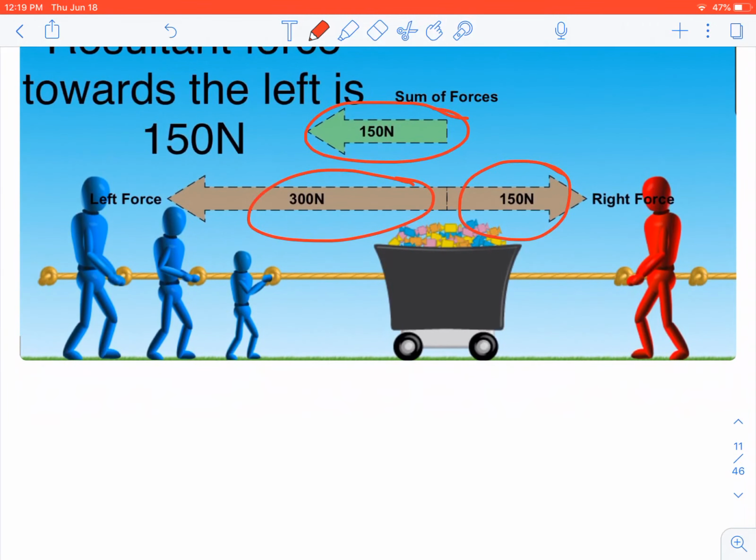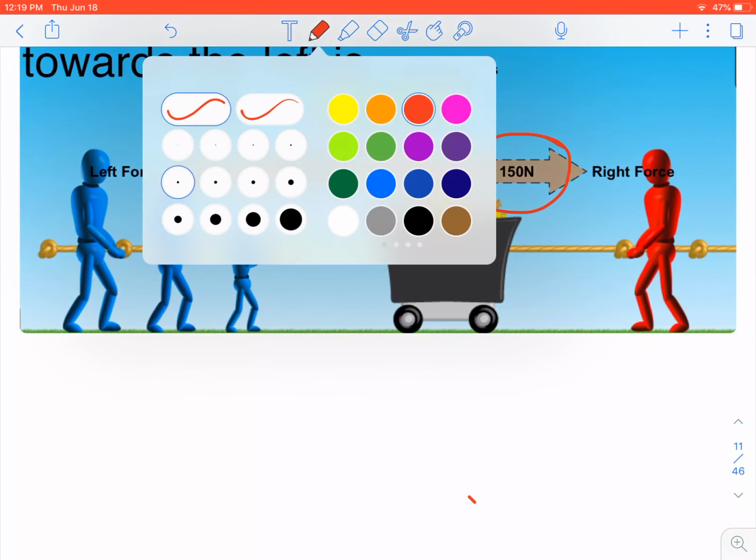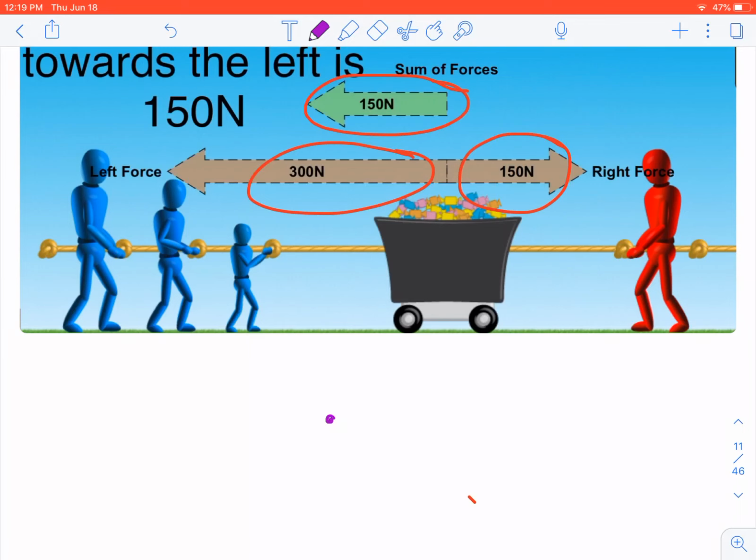So if we look at this geometrically, I start with this force, moving towards the right, and that is plus 150 newtons. So that's my tail, and that's my head.